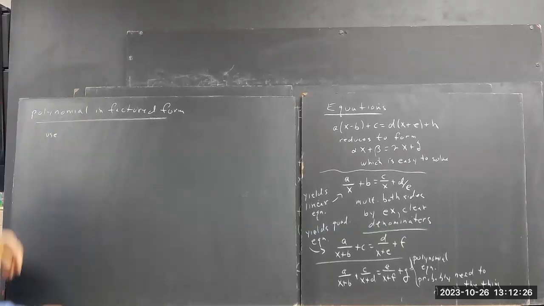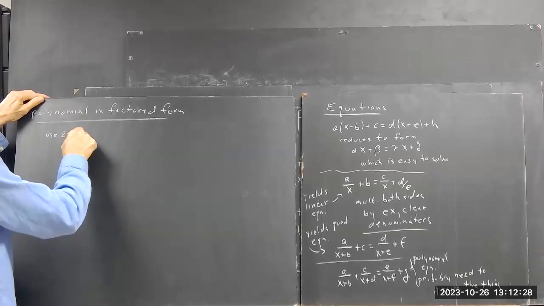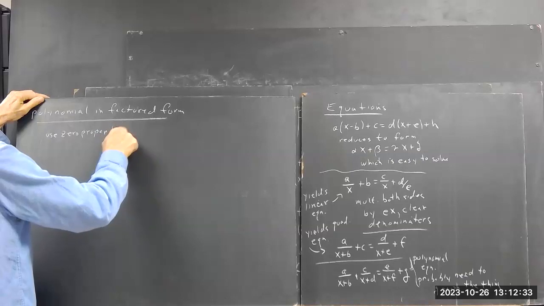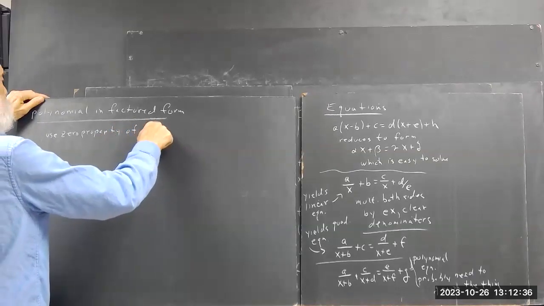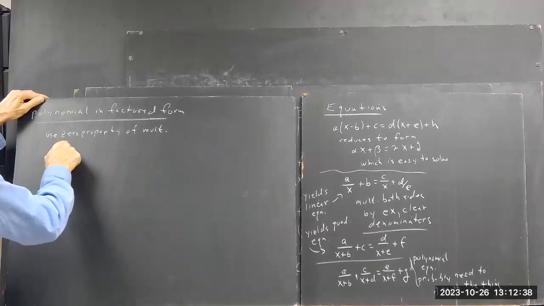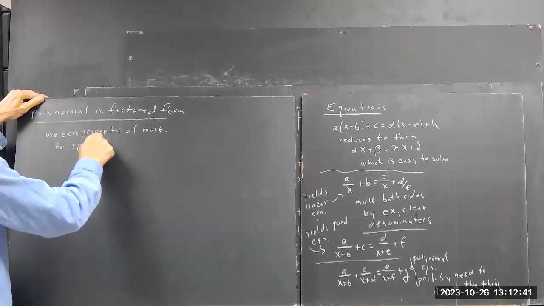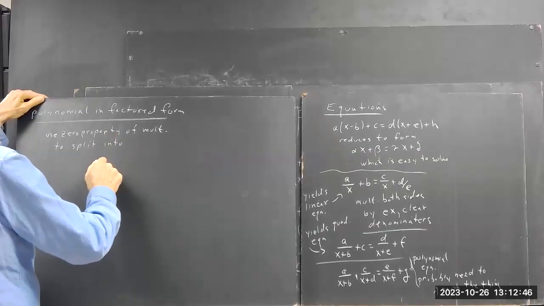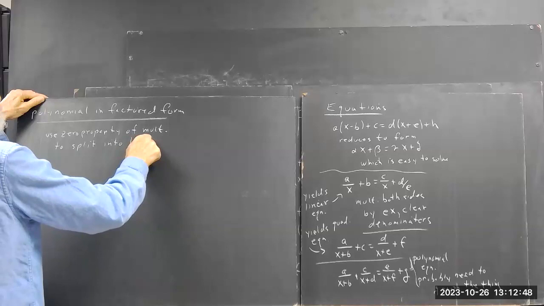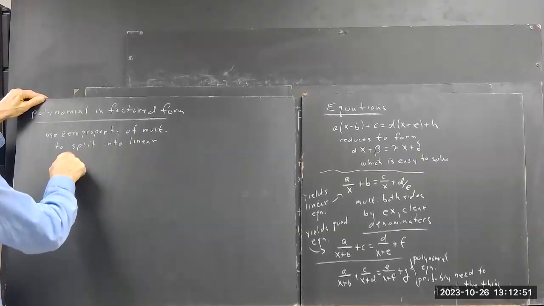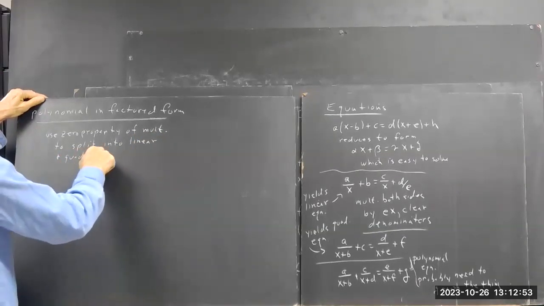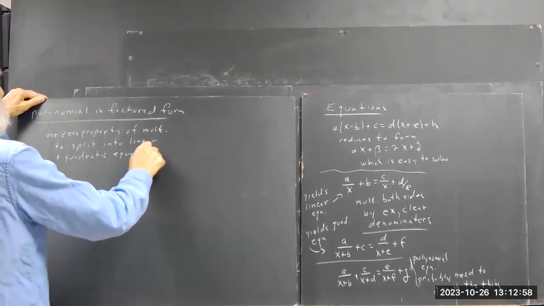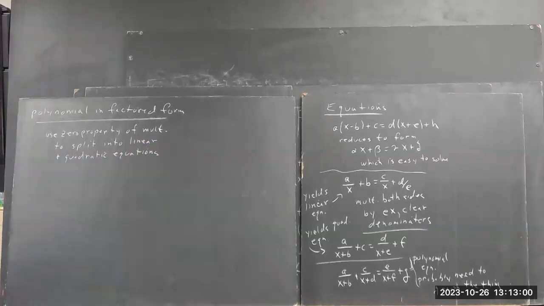I'm going to say use the zero property of multiplication, split it into linear and quadratic equations.